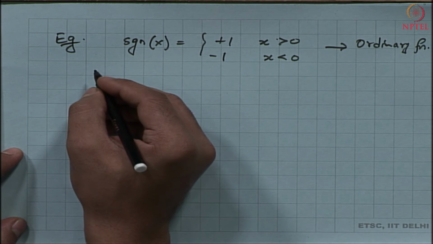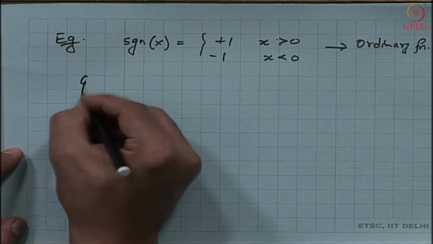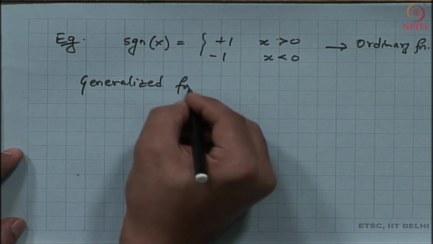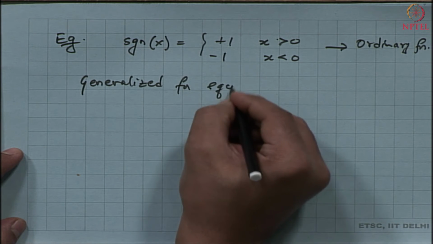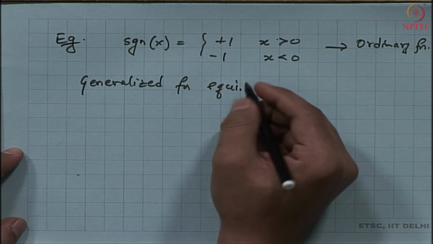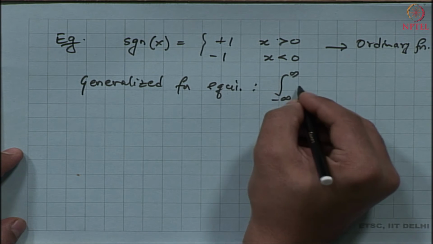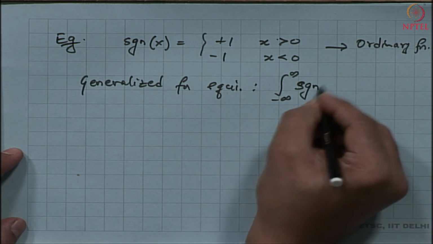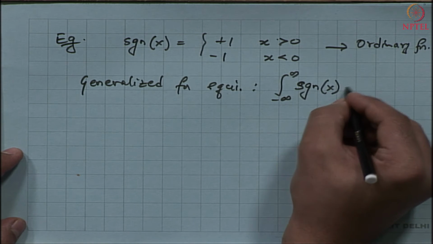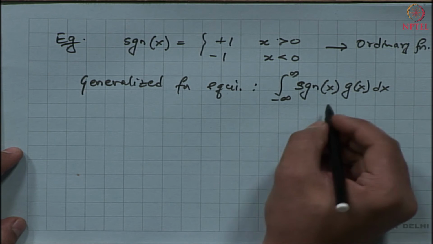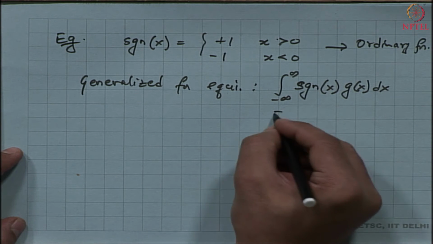The generalized function equivalent will be the integral from minus infinity to infinity of sgn of x g of x dx, where we replace sgn of x.